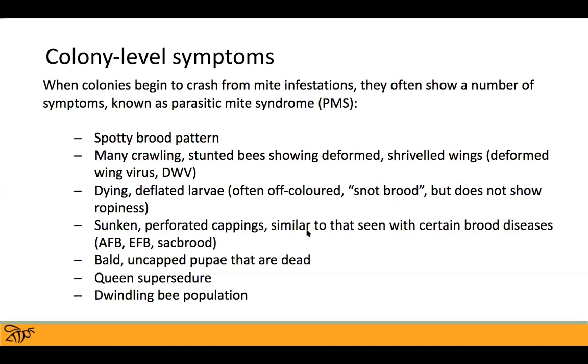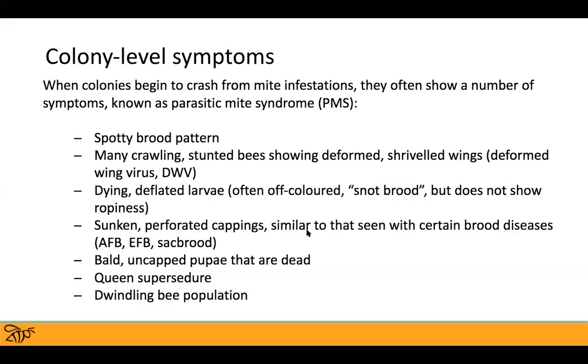It mentions here in the slide that snot brood doesn't cause ropiness. Brood diseases like American foul brood or European foul brood will cause ropiness. So what that means is you can do a little test where you take a stick or a toothpick and put it in a cell with sketchy brood.